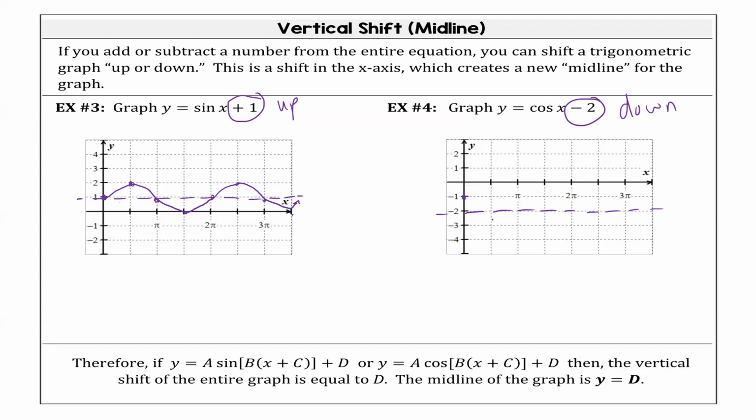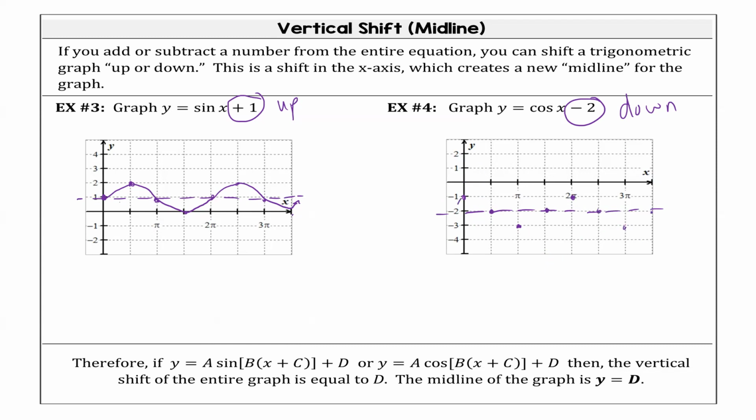Again, it's now an intersection of the midline. So we're going to be here at -2. Then we're going to have our minimum down here at -3. Then we're going to come back up, and then we're going to intersect. And then this pattern just continues.